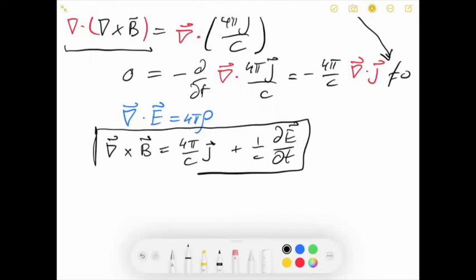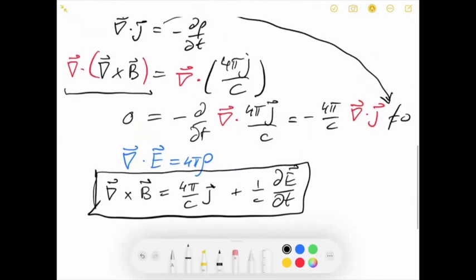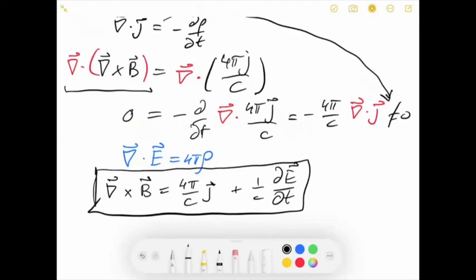Now if you plug this in, you take the divergence of J, you also need to take the divergence of E. The divergence of E is going to give you ρ through Gauss's law, and then you have a d/dt of ρ, and now everything is fine because you have a divergence of J and a d/dt of ρ, and that is charge conservation, and everything is okay.